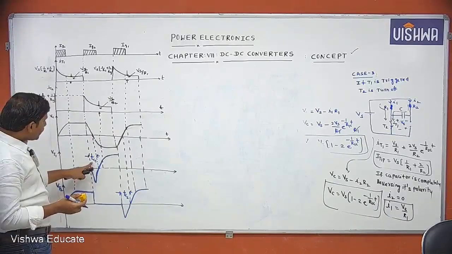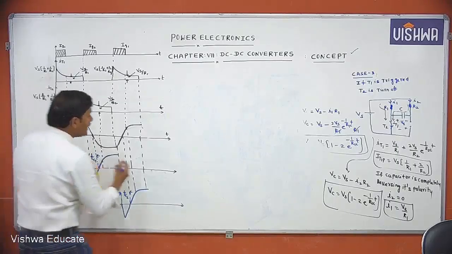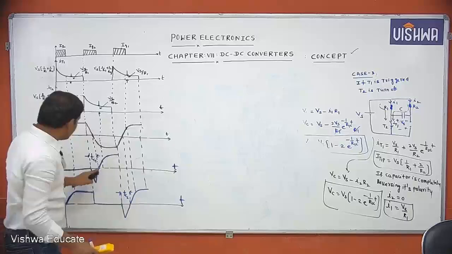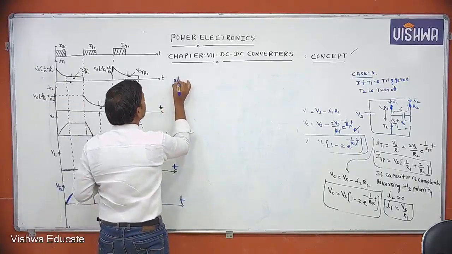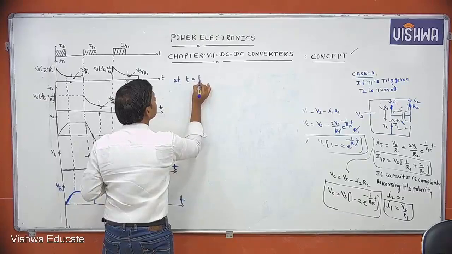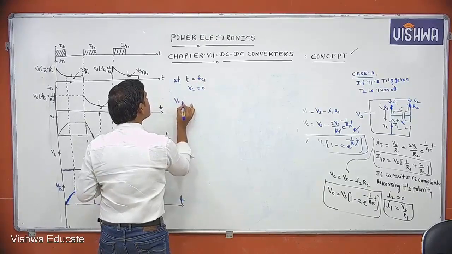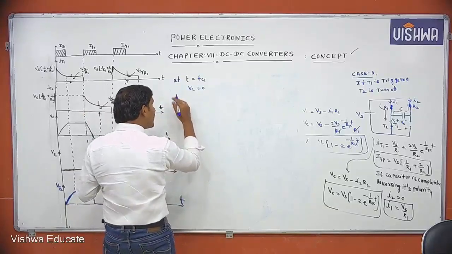At t equal to Tc1, this is the t axis. At t equal to Tc1, what is Vc? 0. What is the voltage across the capacitor? You consider from the case 2 instant.